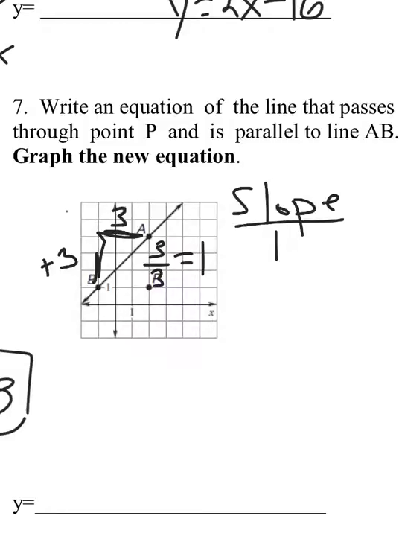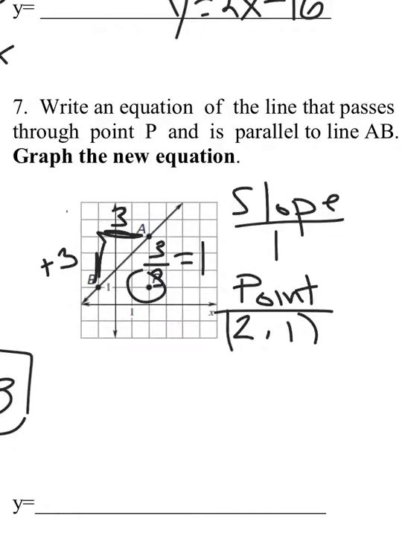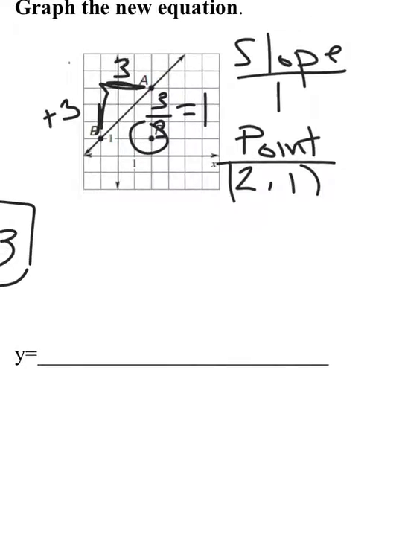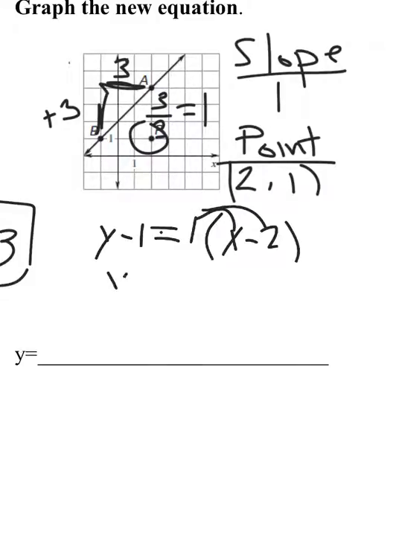Where is point P located? Point slope, same thing we've been doing. y minus y1 equals slope times x minus x1. Distribute, but it doesn't really change the numbers. It just gets rid of the parentheses basically.